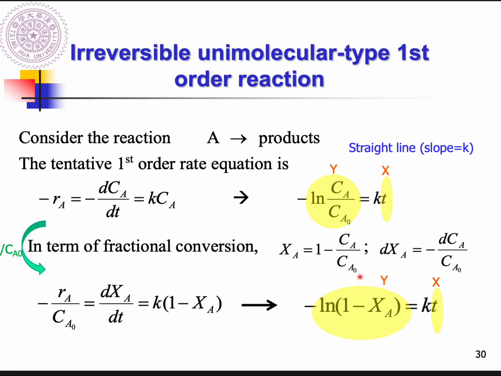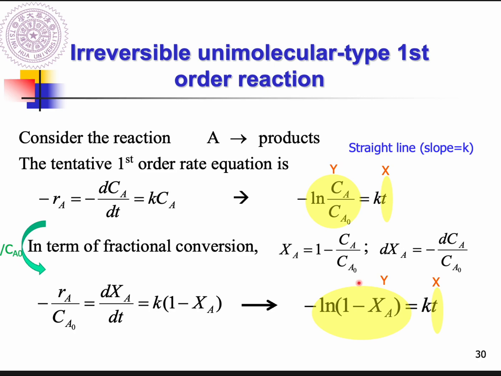Based on this information, you can combine this with the half-life time analysis, right? Because when you use the half-life time analysis method, you need to make sure your reaction is not first order.